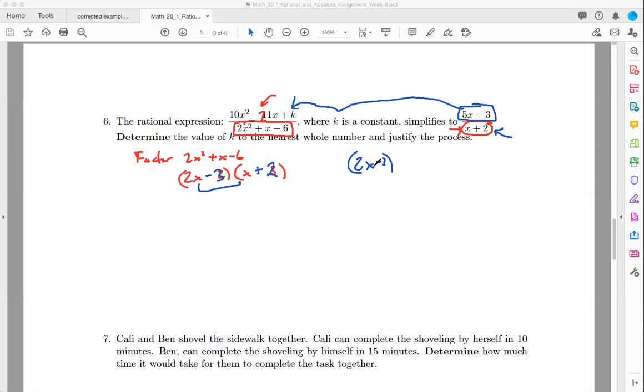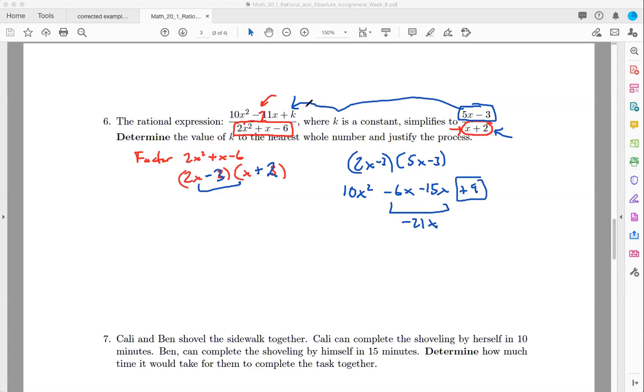So let's take this 2x minus 3 and multiply it by 5x minus 3. 2x times 5x is 10x squared. 2x times negative 3 is negative 6x. And then negative 3 times 5 is negative 15x. And you can see how this is the typo. This should have been minus 21x. And then negative 3 times negative 3 is positive 9.